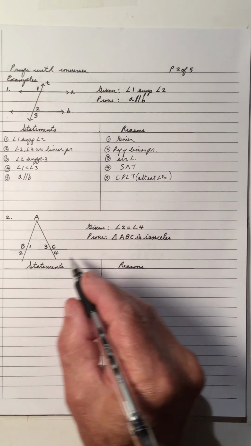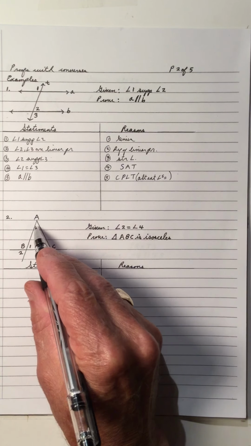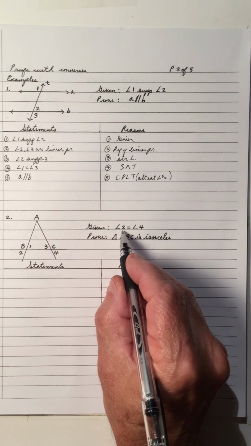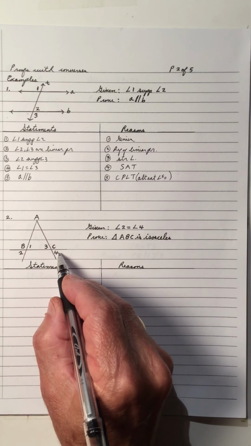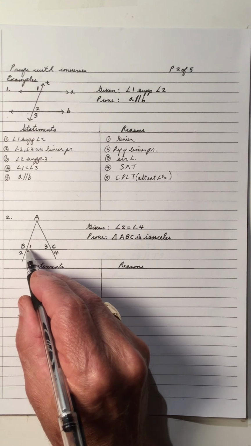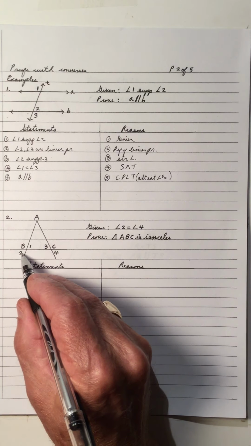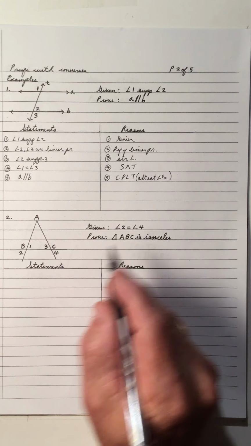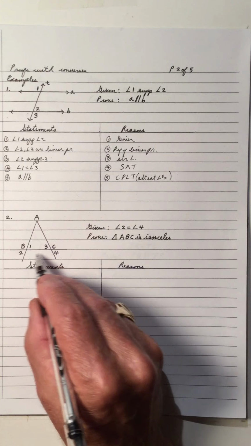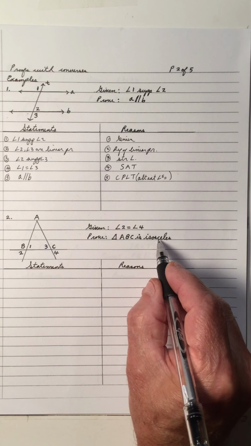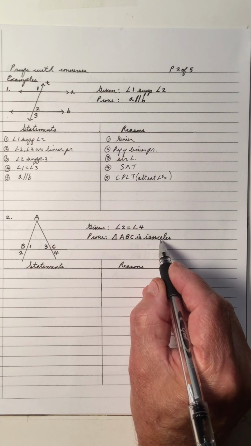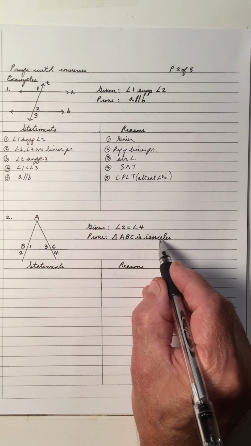Number 2, look around the diagram. We're given angle 2 is equal to angle 4, and I see vertically opposite angles here and here. We want to prove that ABC is isosceles. To get an isosceles triangle, we need two sides equal.